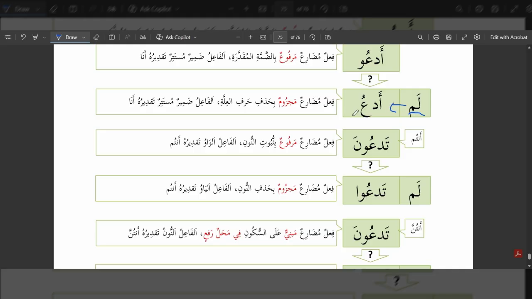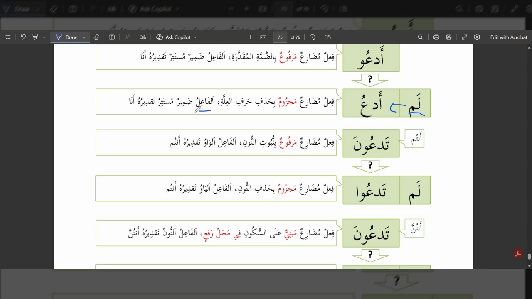So the i'rab for this is فعل مضارع مجزوم بحذف حرف العلة. That is present tense in the majzum form with the omission of the weak letter. So here we can see the waw has been omitted. And the fa'il or the doer is damir muttasil taqdiruhu ana.